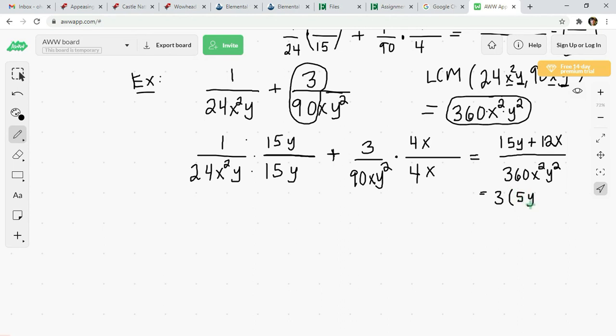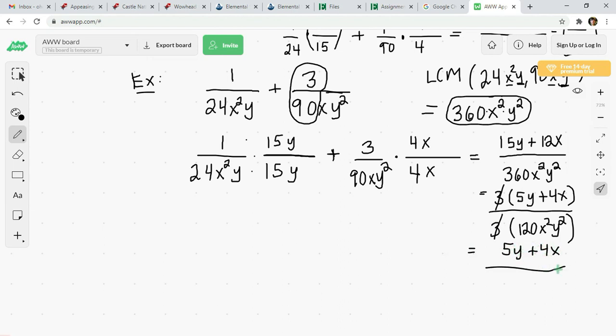That leaves us with 3 times 5y plus 4x. And I can factor out a common factor of 3 out of the bottom as well. Those can cancel out. And so we really just have 5y plus 4x all over 120x squared y squared.